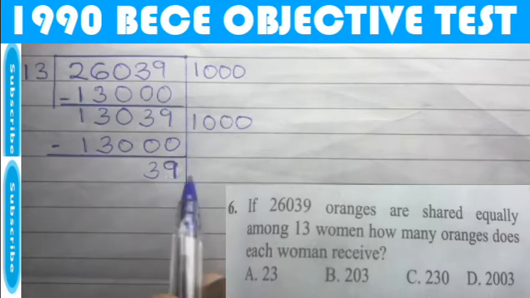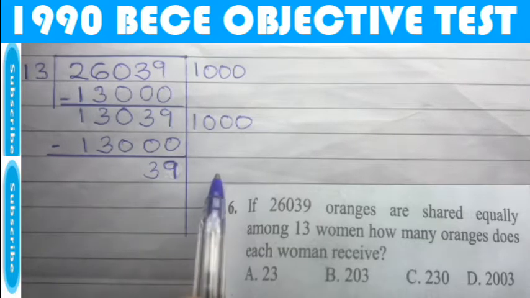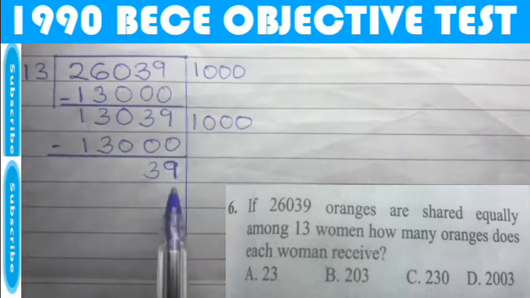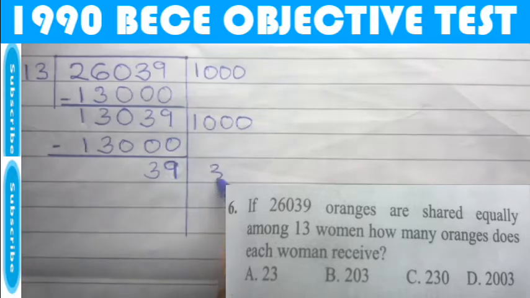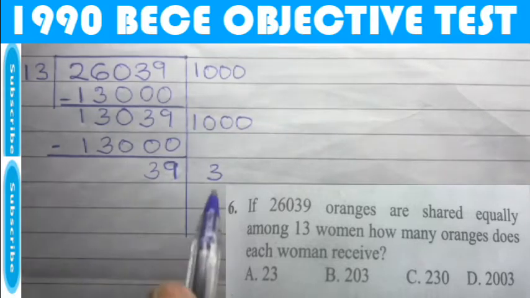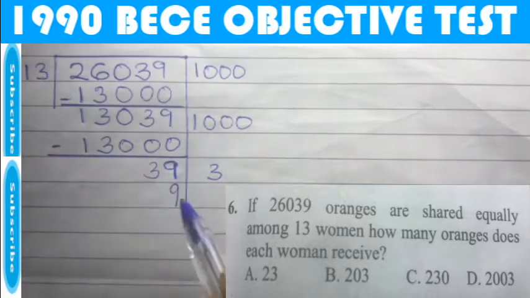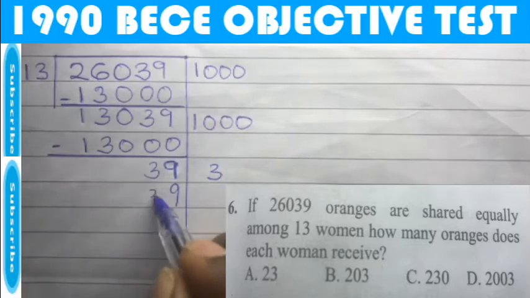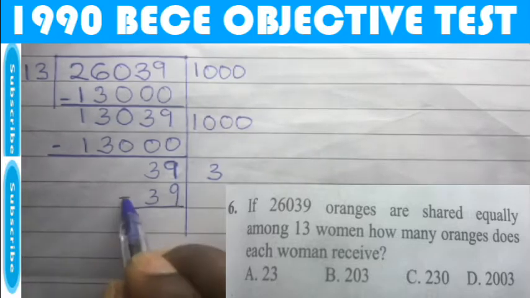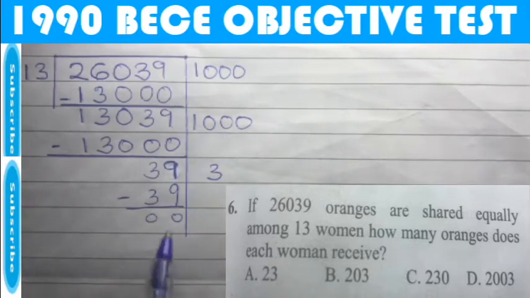Now with the 39, what other value will be multiplied by 13 to give us 39? That value is 3. So 3 times 3 gives us 9. 3 times 1 gives us 3. We find the difference, we have 0, 0. This means that we have come to the end of the division.